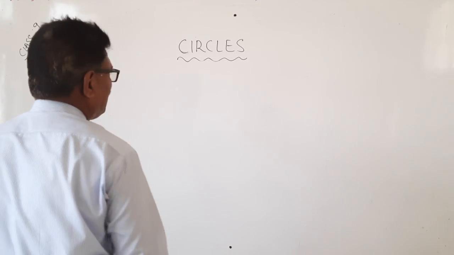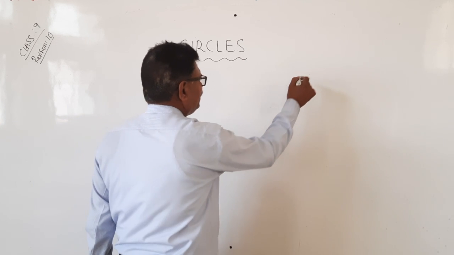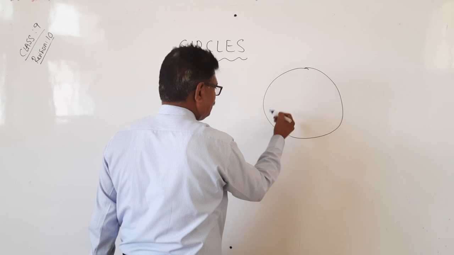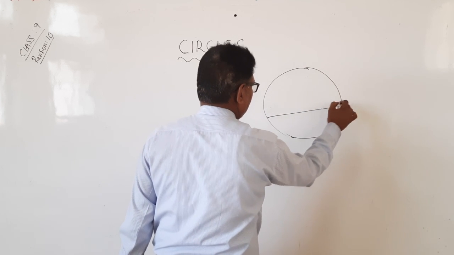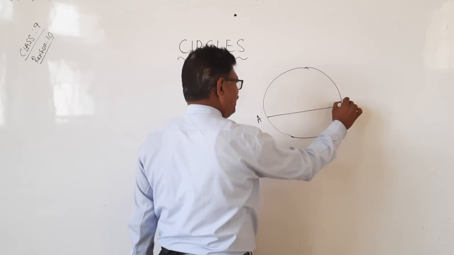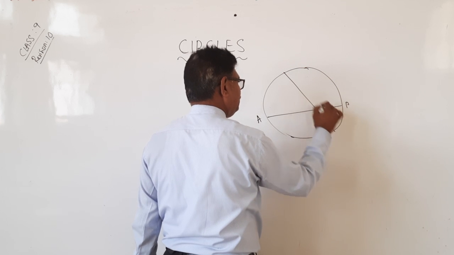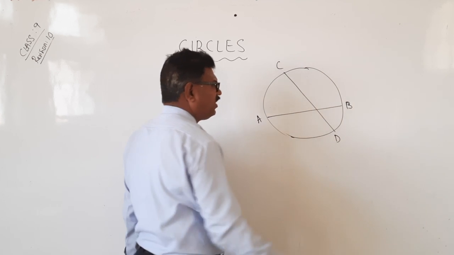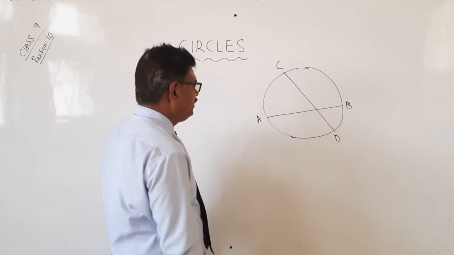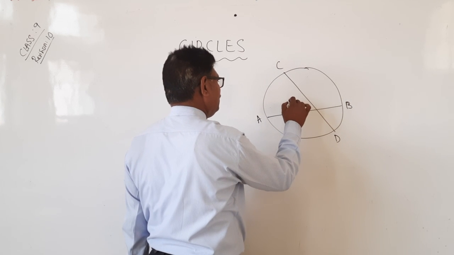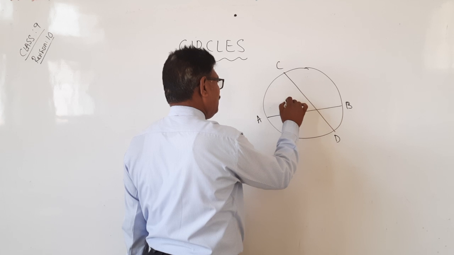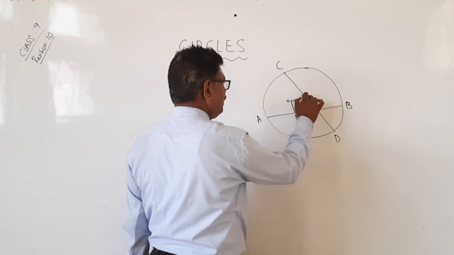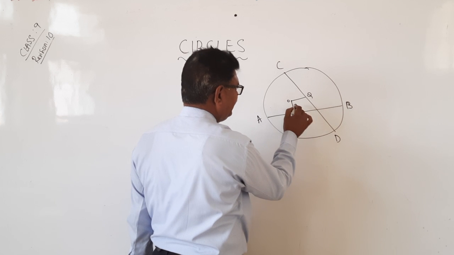Yes, one more problem. It is still easy. Same figure. AB and CD are two equal chords. Then draw OP perpendicular to AB, OQ perpendicular to CD.